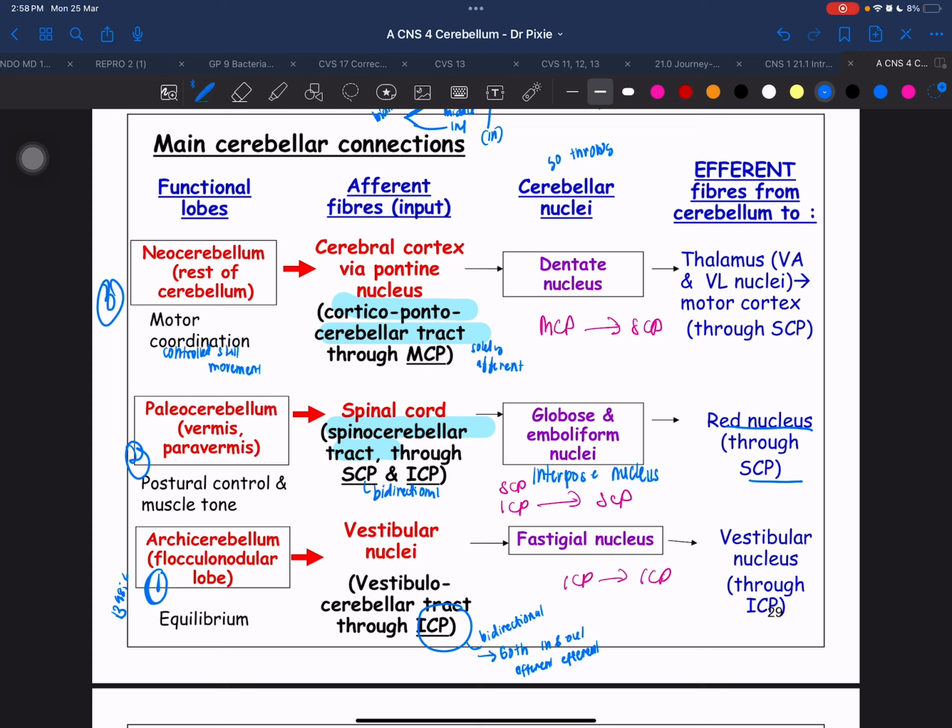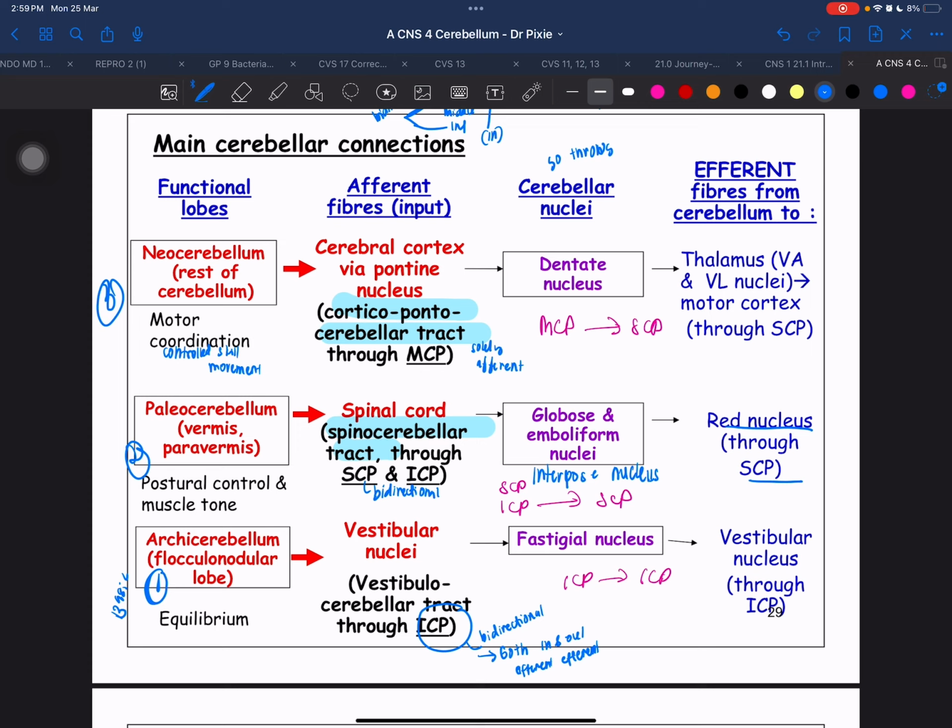Still remember just now you have two spinocerebellar tracts? You have one lateral, one ventral. So they enter through the superior cerebellar peduncle and inferior cerebellar peduncle, ya, SCP and ICP. Which two nuclei will they go to?